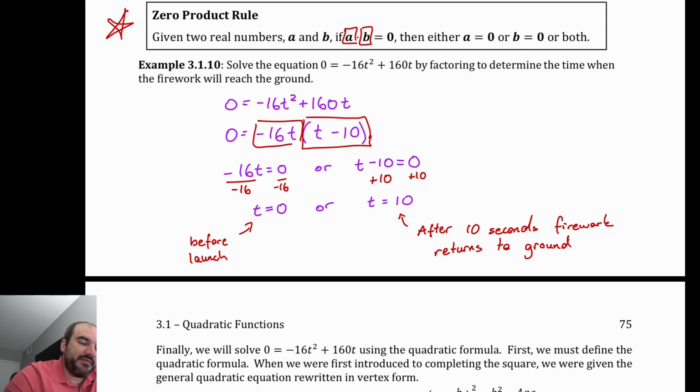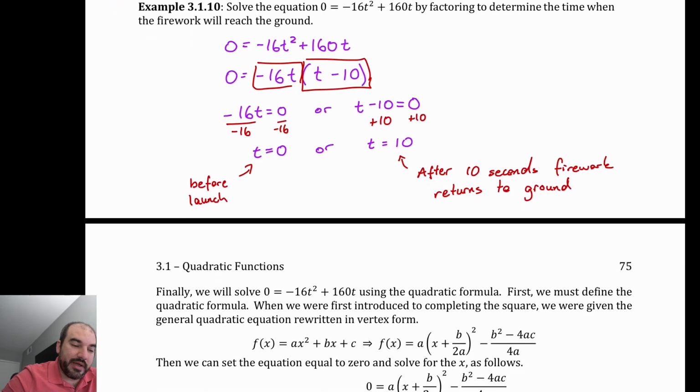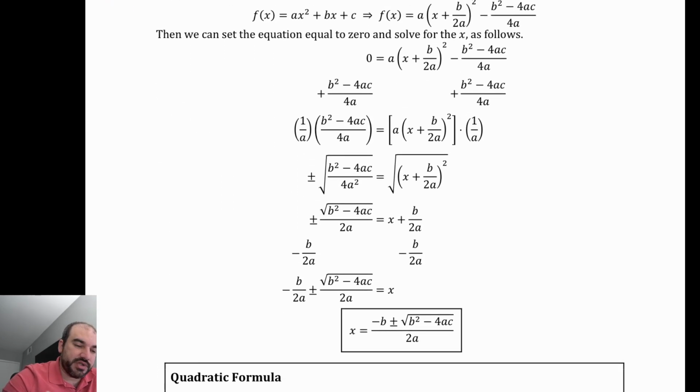So this idea of factoring to solve is different than completing the square. So we have completing the square to solve, we have factoring to solve, and then we have one more way of solving, which is on the next page, which is just showing you how we arrived at the quadratic formula.